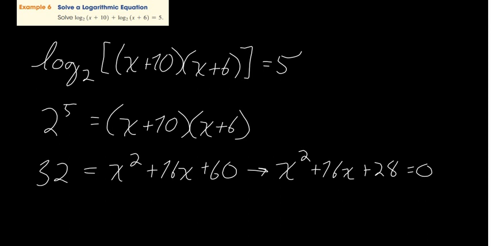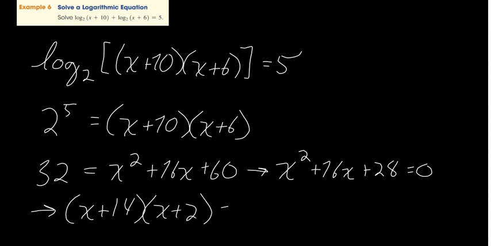And 7 and 4. Okay, so this does factor nice and neatly. The left side factors into x plus 14 and x plus 2, that's equal to 0. And that means that x is equal to negative 14 and x is equal to negative 2.